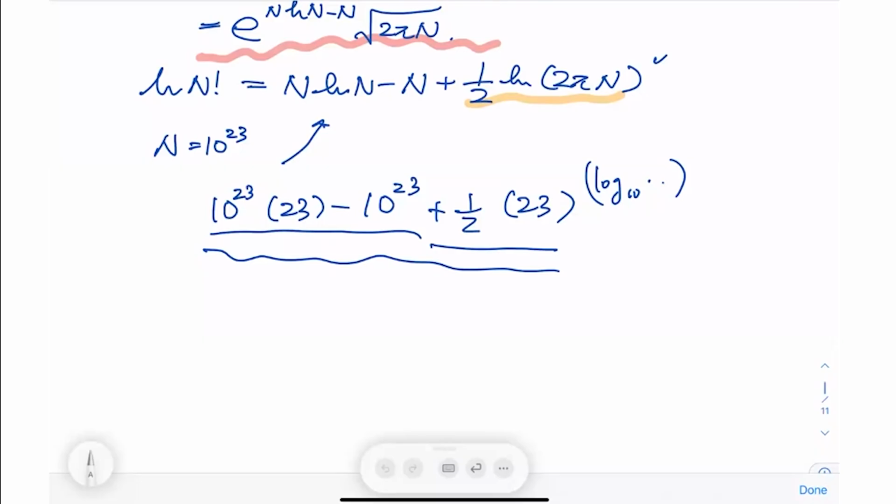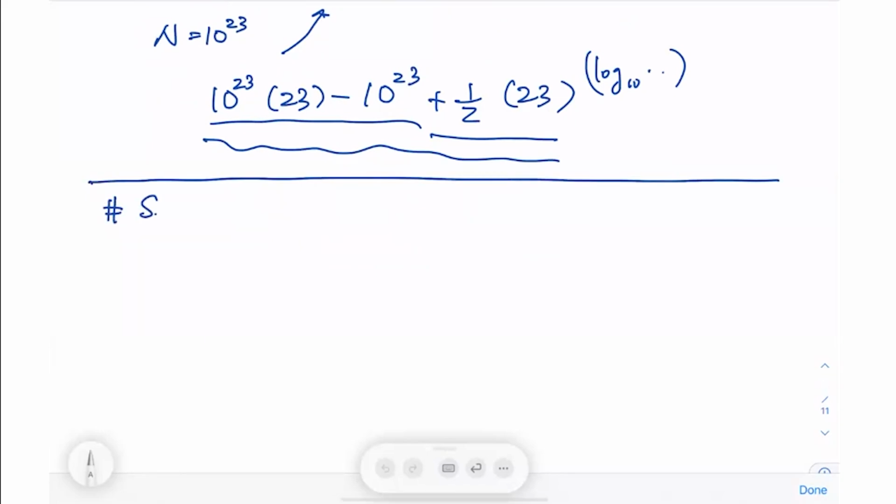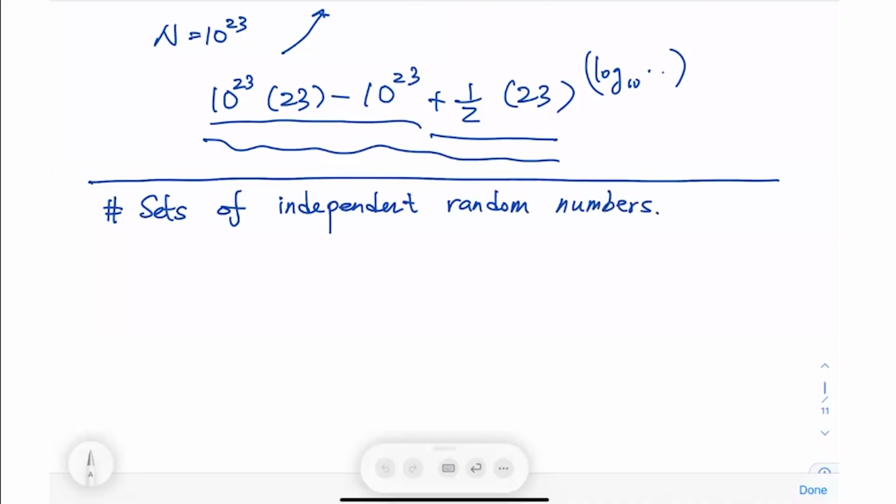Okay, so I think I'll continue to another very interesting observation that's related to sets of independent random numbers.